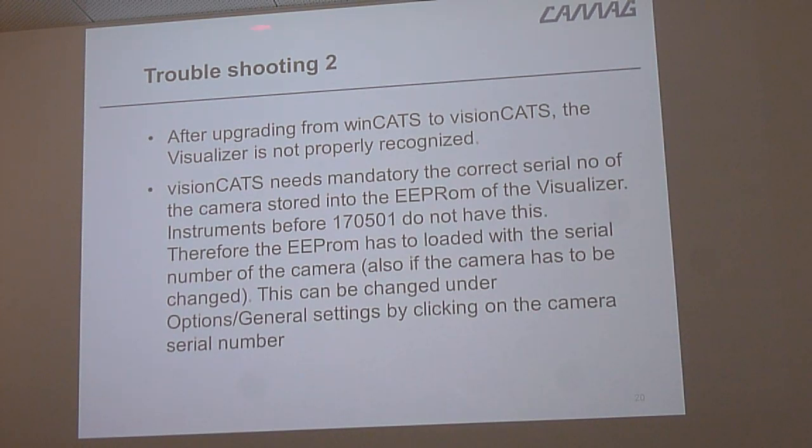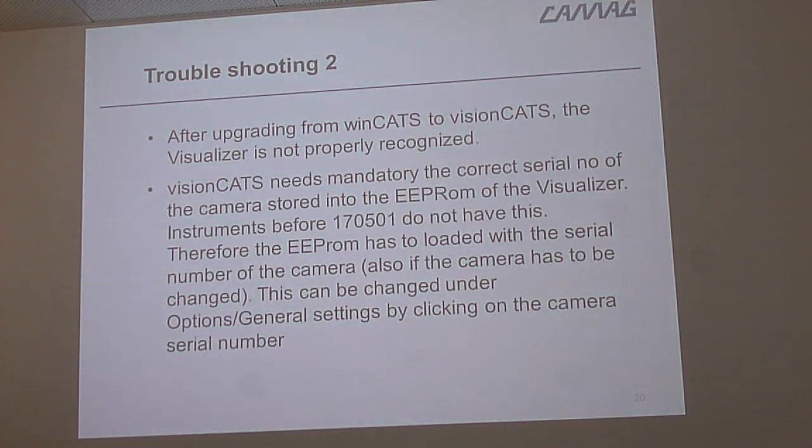This is maybe very important if you update from WinCats to VisionCats. The visualizer is not properly recognized. He's laughing. He knows this already. So, as I mentioned, this EEPROM holds the data of the instrument, and VisionCats is checking. I have a visualizer and I have a camera, and then it is comparing the camera serial number, which is actually there, with the camera serial number in this EEPROM.